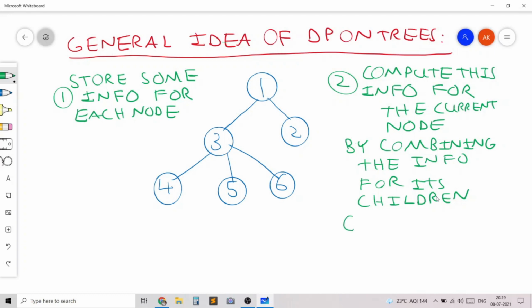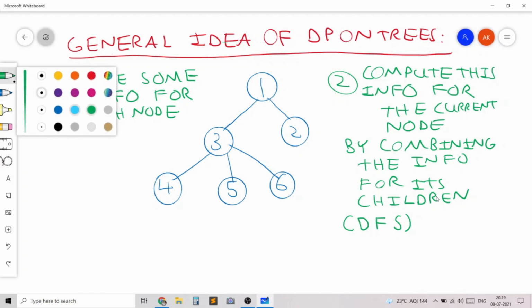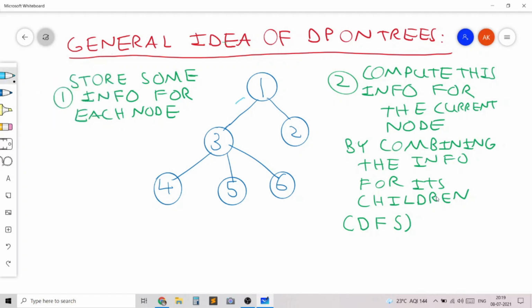Usually this is implemented in a DFS form, because in a DFS we first visit the children of the current node, and after we visit the children, we come back to the current node, and then we combine the answers for its children to compute the current information.